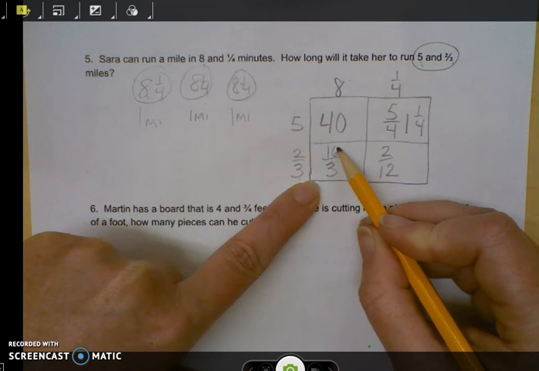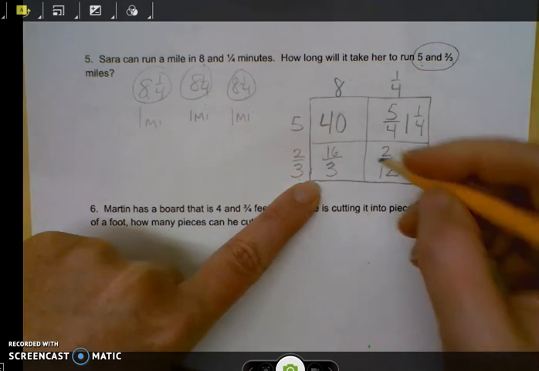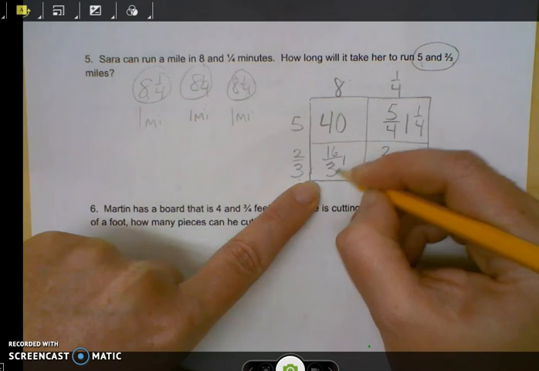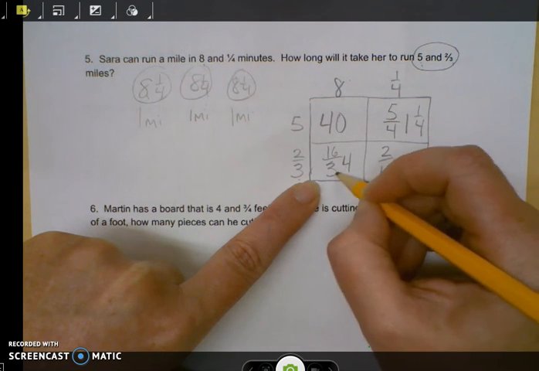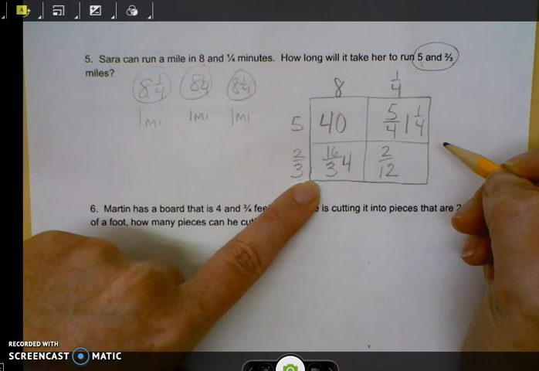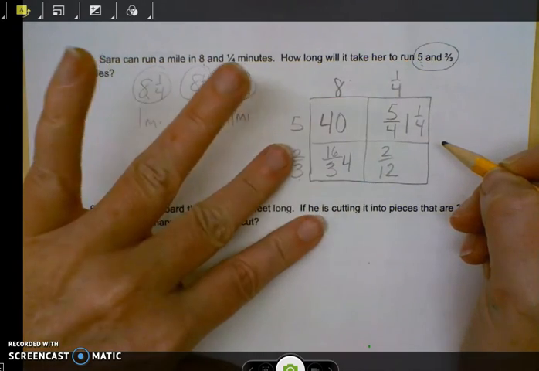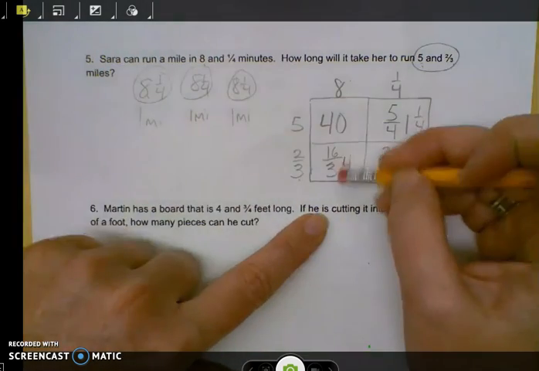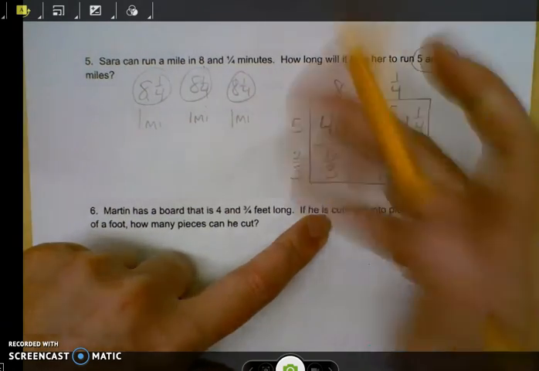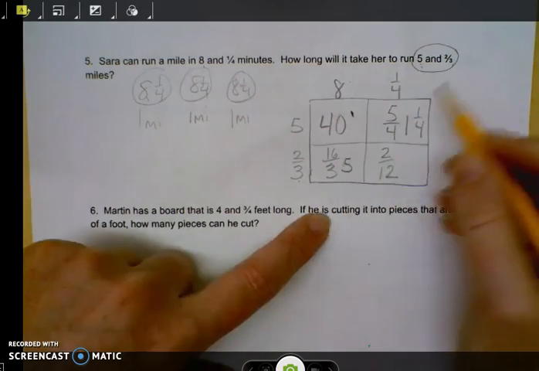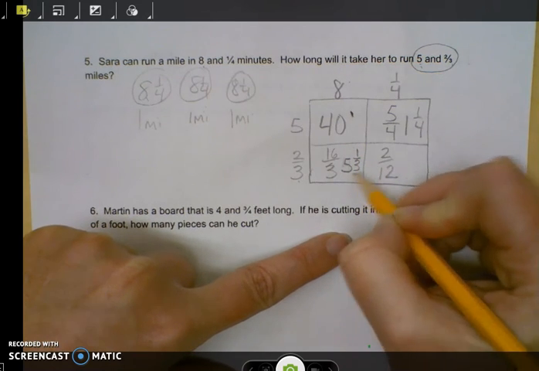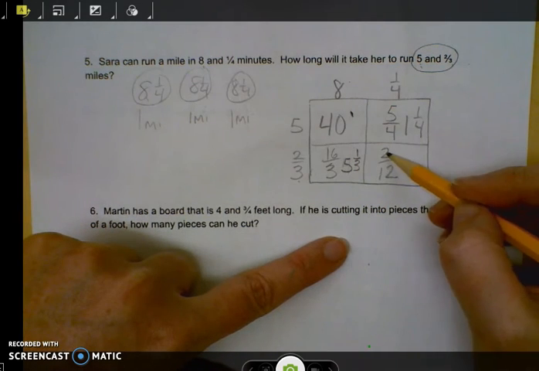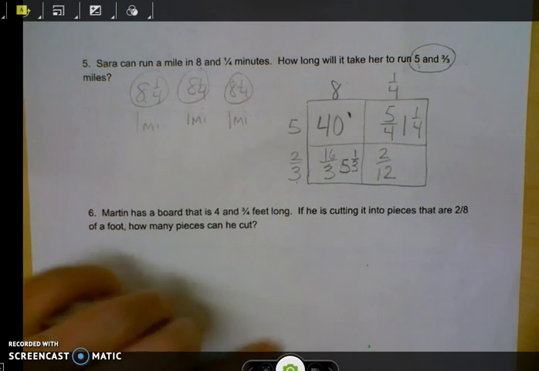Hold on, 3 goes into 16 4 times because 4 times 3 is 12. 13, 14, 15, 16, that's not enough. Oh, it can go in 5 times because 3 times 5 is 15 with 1 left over. So this is 5 1/3 and then 2/12.